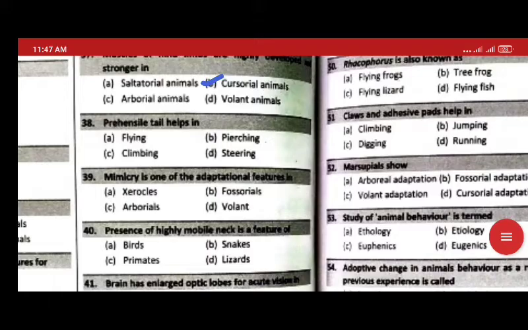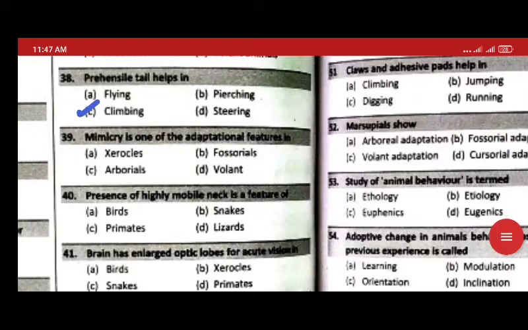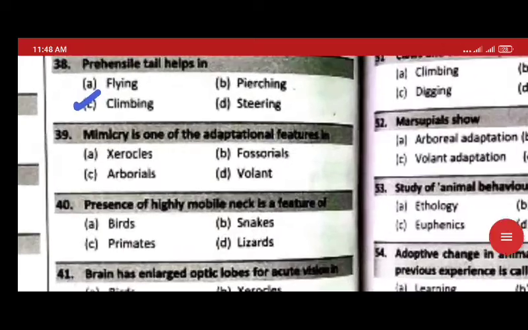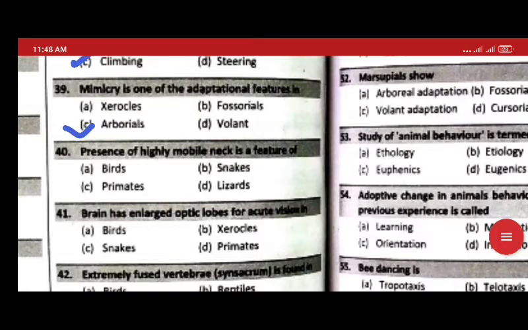So 38 C is correct option. Now 39. Mimicry is one of the adaptation features. So mimicry is for avoiding of enemy. So arboreal, because of climbing there should be enemy. C option is right.